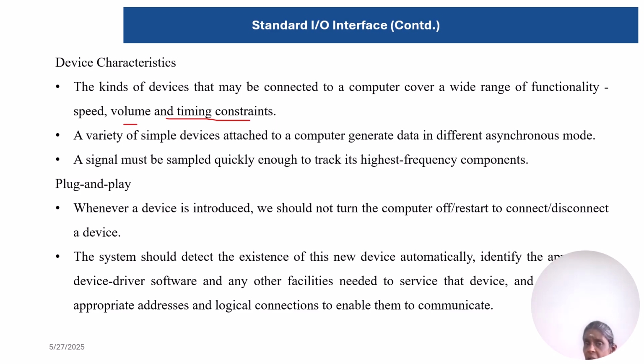Simple devices attached to a computer generate data in different asynchronous modes. That means data will flow with different speeds, coming in and going out, and the data speed will be different for different devices. A signal must be sampled quickly enough to track the highest frequency components.